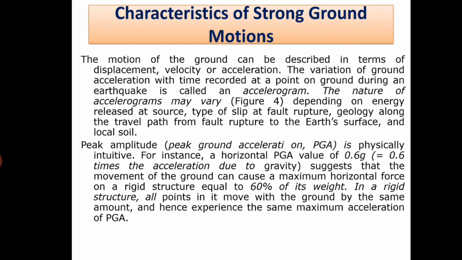The motion of ground can be described in terms of displacement, velocity, and acceleration. The variation of ground acceleration with time, recorded at a point on the ground during the earthquake, is called an accelerogram. The nature of the accelerogram may vary, as will be seen in the figure. It depends on the energy release of the source.